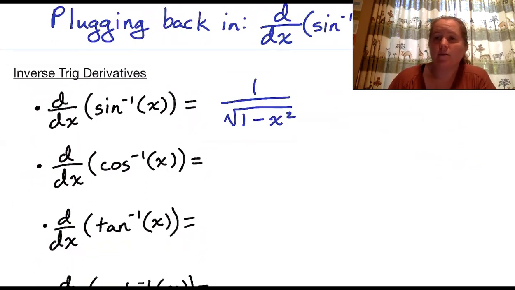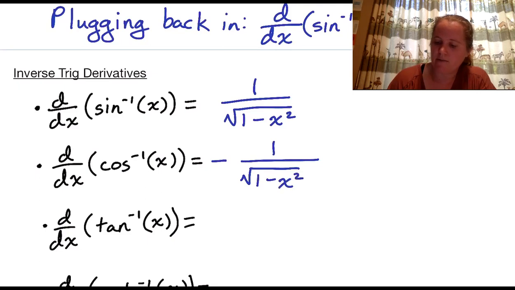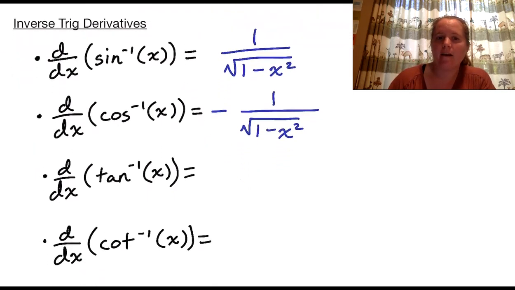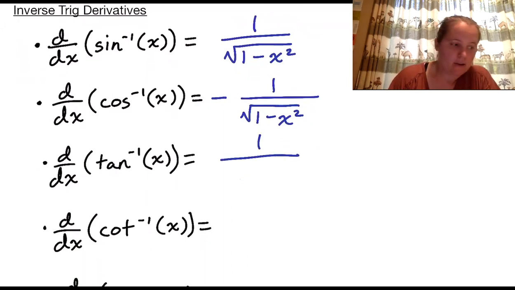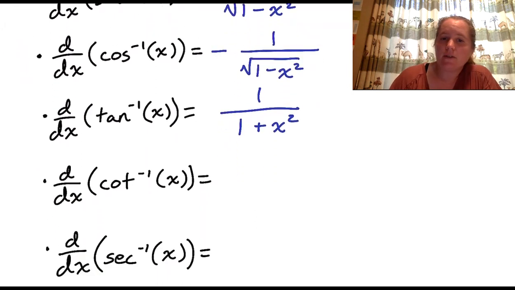It turns out that the derivative of cosine inverse of x is just negative 1 over the square root of 1 minus x squared. Turns out the derivative of tan inverse of x is 1 over 1 plus x squared. The derivative of cotan inverse is just negative 1 over 1 plus x squared.